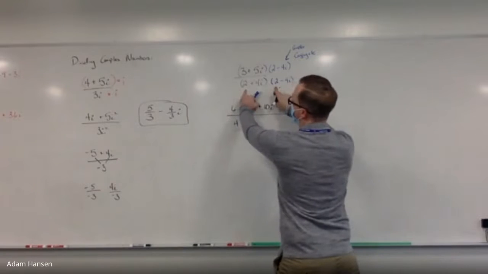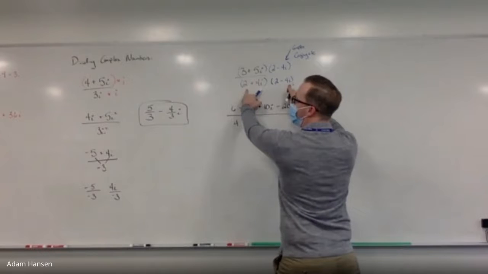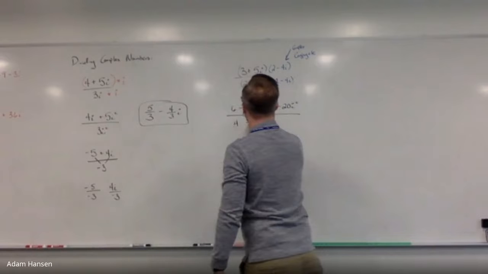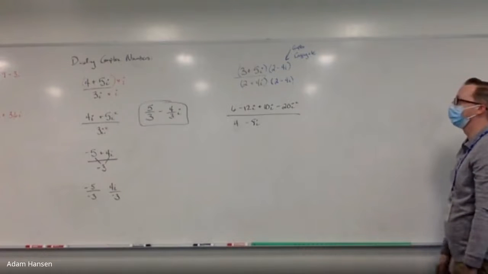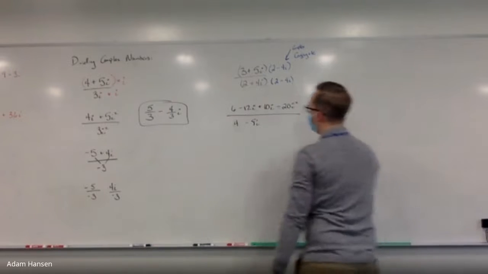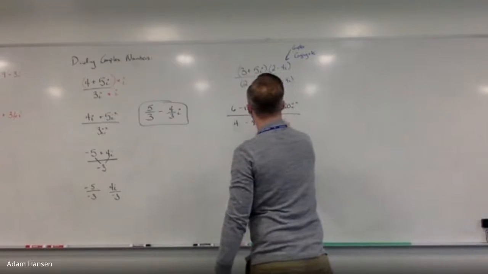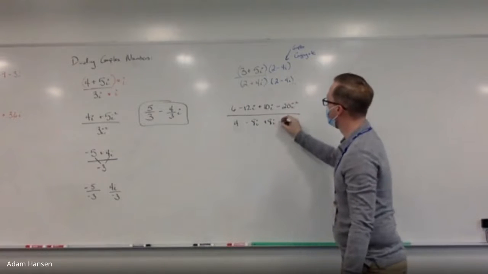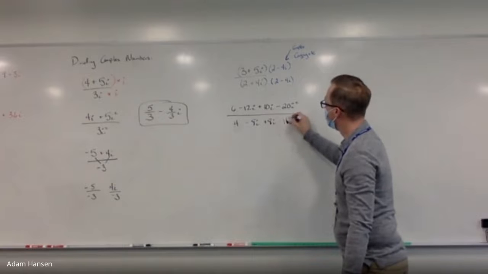I was thinking of the next one before I had written it down. 2 times negative 4i is negative 8i. 4i times 2 is 8i. 4i times negative 4i is negative 16i squared.